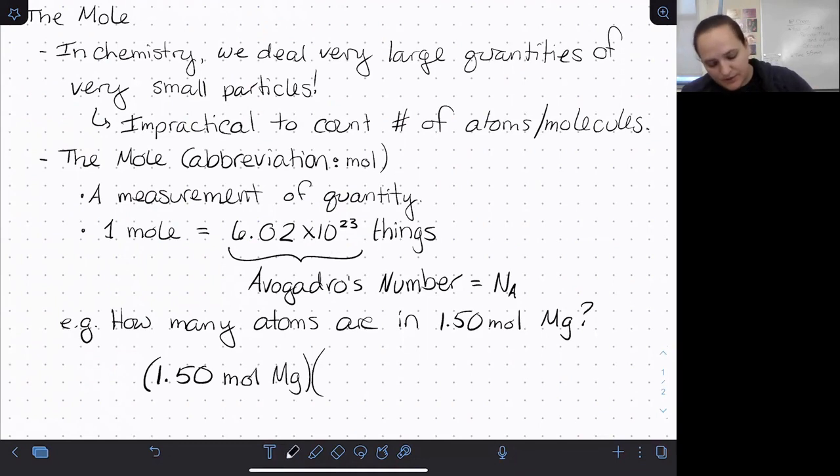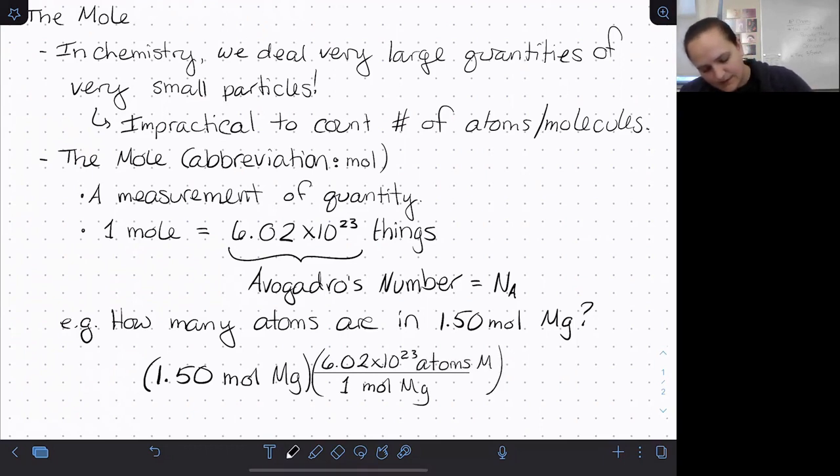So we want our units to cancel, which means my 1 mole is going to go on the bottom. And then my number of atoms is going to be Avogadro's number, 6.02 times 10 to the 23rd atoms magnesium goes on top.